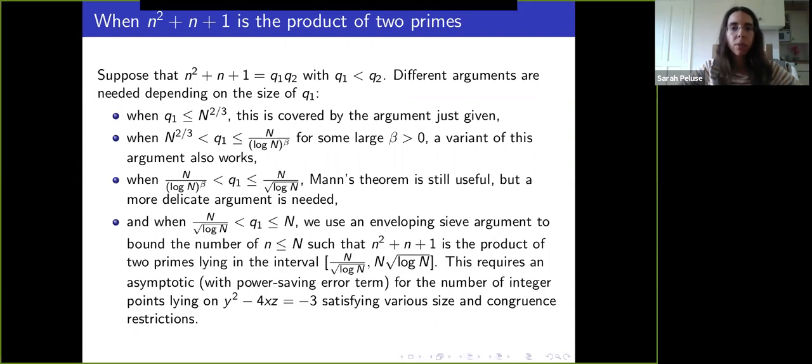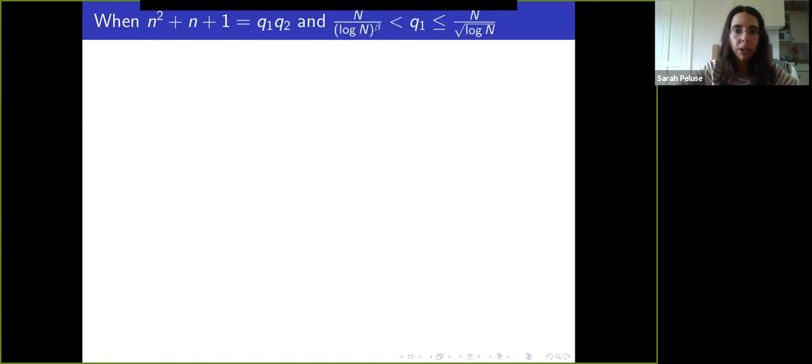In the product of two primes case, I'm really only going to talk about this third case, when n squared plus n plus 1 has a decently large smallest prime divisor. Also because similar ideas will come up when dealing with the case when n squared plus n plus 1 is a prime. Okay, so what do we do in this situation?